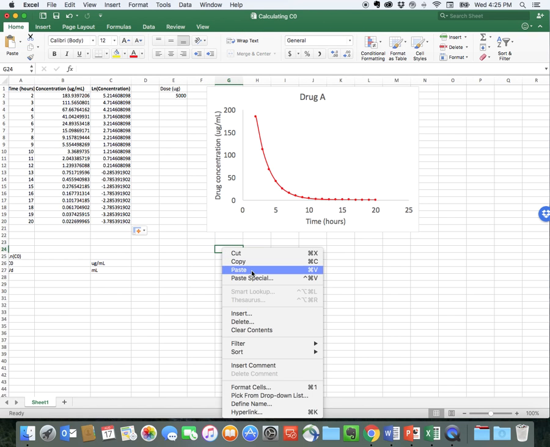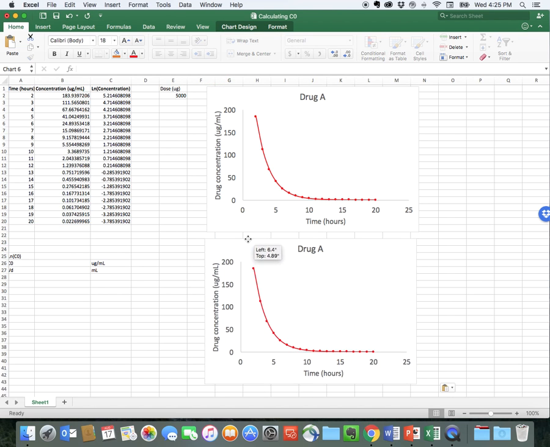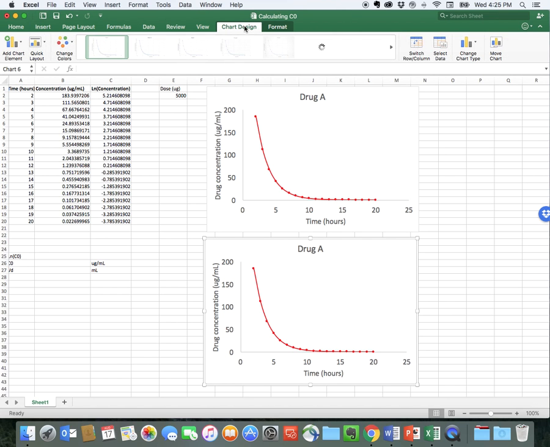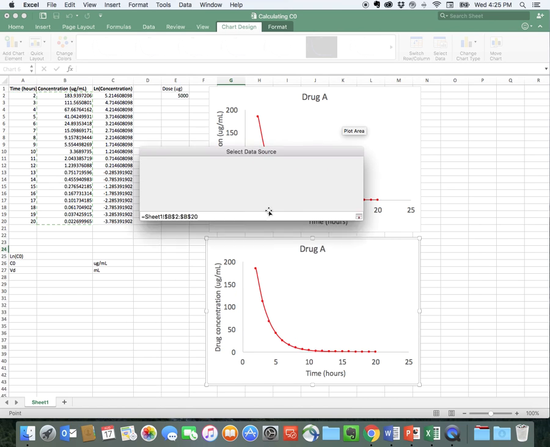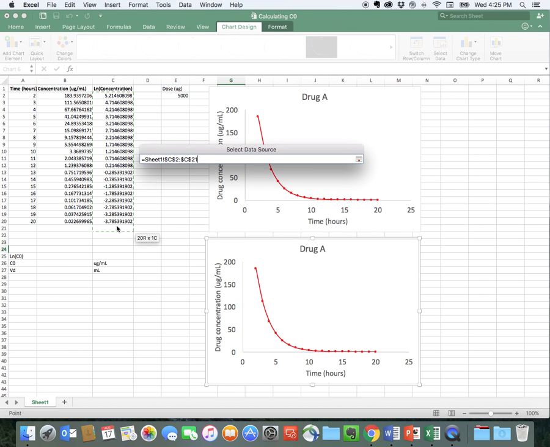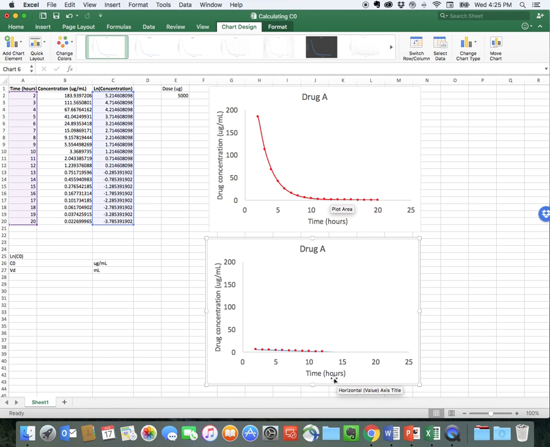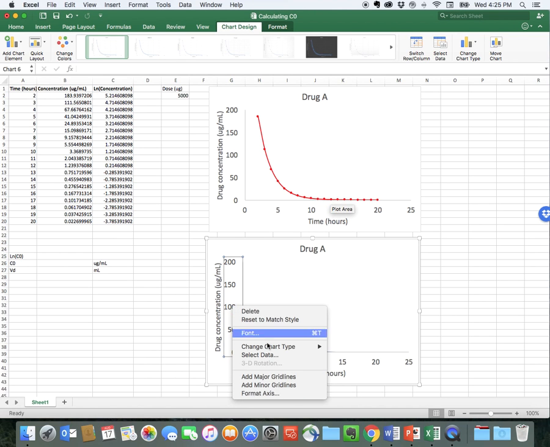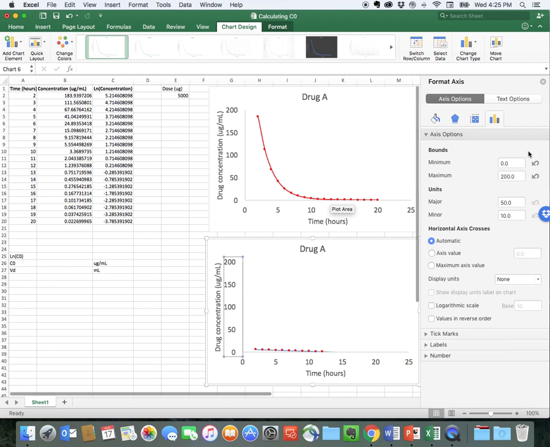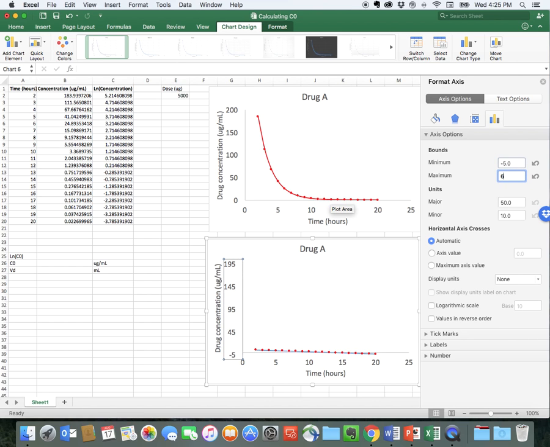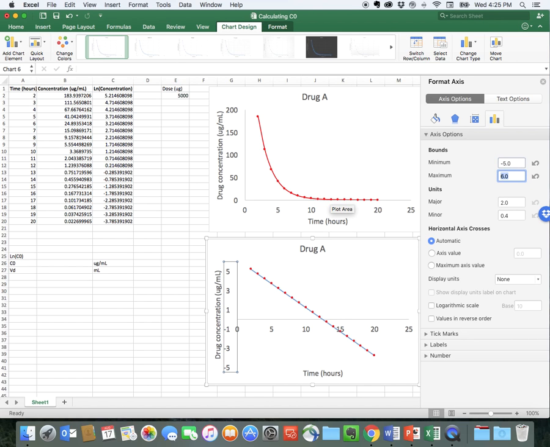So let's make a copy of our plot. Let us reselect the data so that we are selecting the natural log of the concentrations instead of the concentrations themselves. Now let us format the axis so that we can look at these results a little bit better. And here we have it.